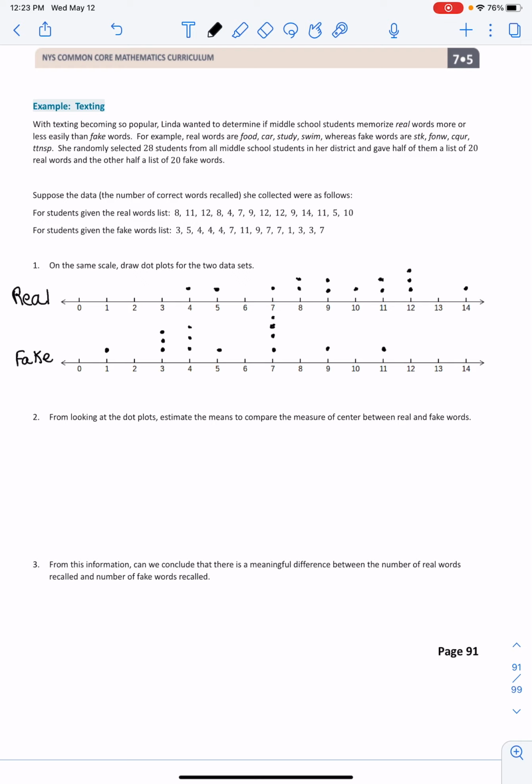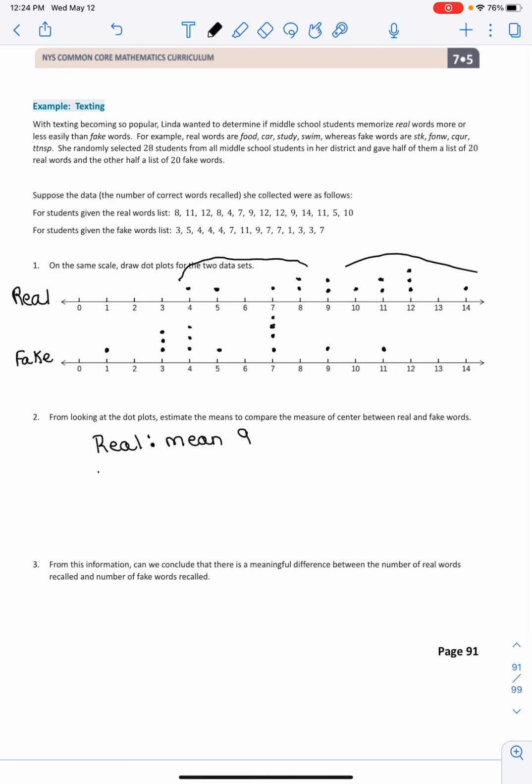Okay. It says, from looking at the dot plots, estimate the means to compare the measure of center between the real and the fake words. Well, if I look at the real words, if I kind of look from here to here, they kind of look about the same. So I'm going to take a guess and estimate for the real words that the mean is going to be 9.